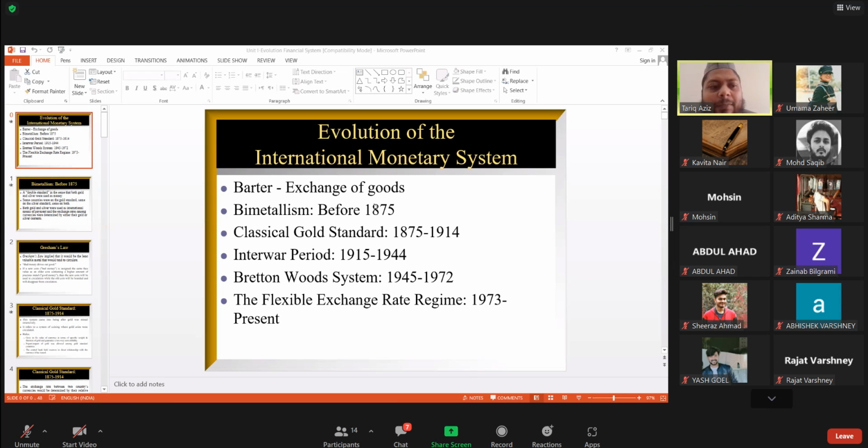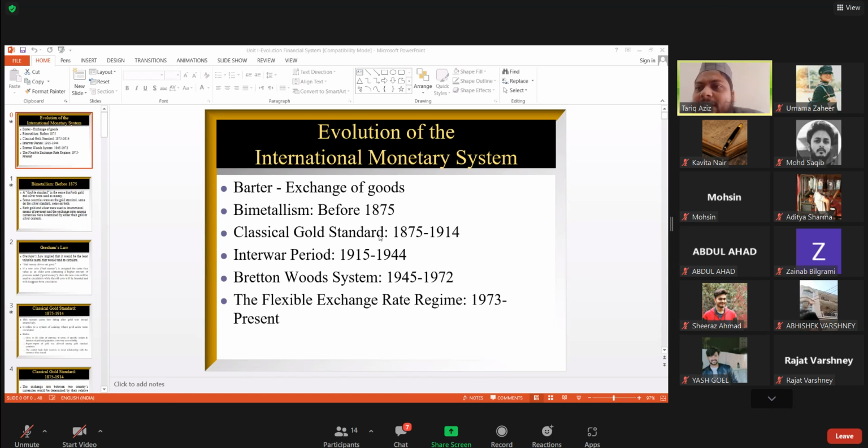So after bimetallism, after 1875, the next system that came into existence is known as the classical gold standard. Under the classical gold standard, what happened?